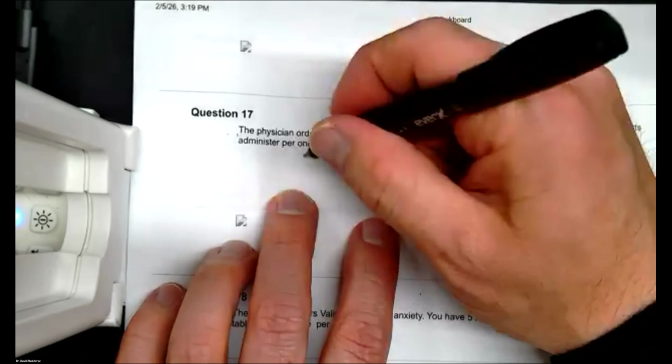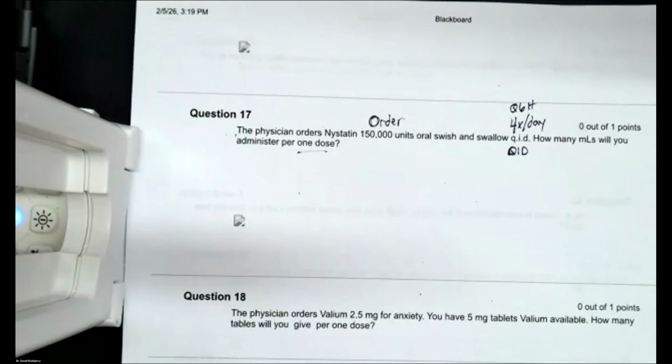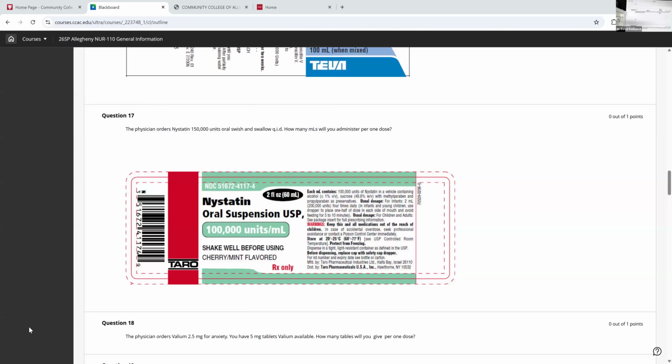How many mLs will you give for 1 dose? So we've got to pull up our label. All right, so we can see our nystatin label.